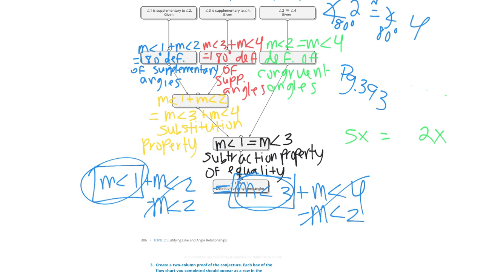If I have that 5x is equal to 2x, and I do minus 3 here, then I have to do minus 3 here. Okay, because that is the subtraction property of equality. I have to keep both sides equal. If I subtract something on one side, I have to do it on the other side. Same thing with angle measures. I feel like a lot of you might be a little confused as to why, if I'm doing the measurement of angle 2 here, I'm able to do it here again. The reason is that these two angles are congruent to each other from right here. And remember, if they're congruent, then they're equal to each other, right? All right, hopefully that was a good explanation.